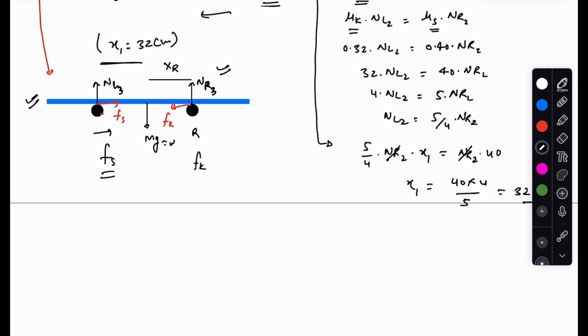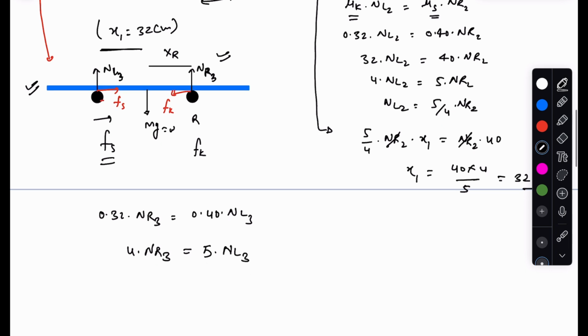So kinetic is 0.32 times of nr3, which becomes 0.40 times of nl3. So from here you will have the same kind of equation: 4 times of nr3 is equal to 5 times of nl3.